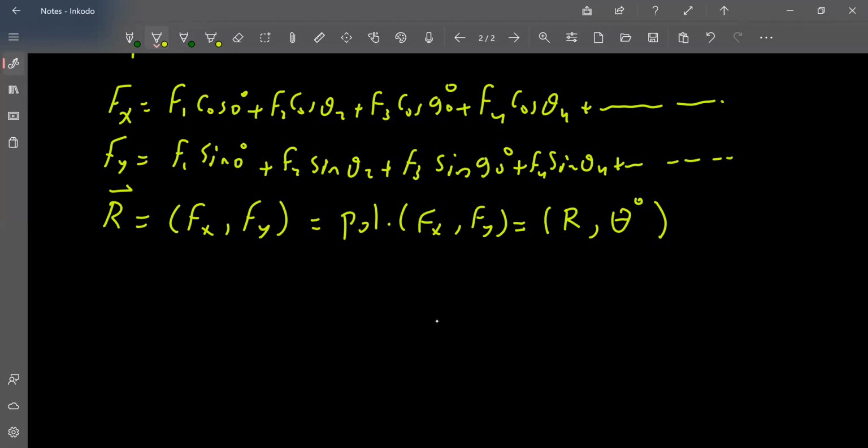Manually, the magnitude of the resultant is the square root of Fx squared plus Fy squared, and theta equals the inverse tan of Fy over Fx.